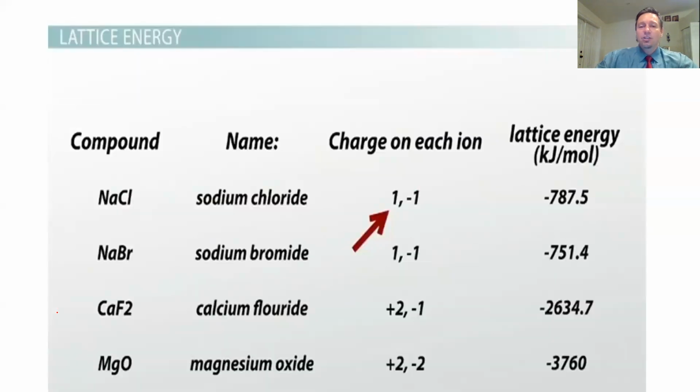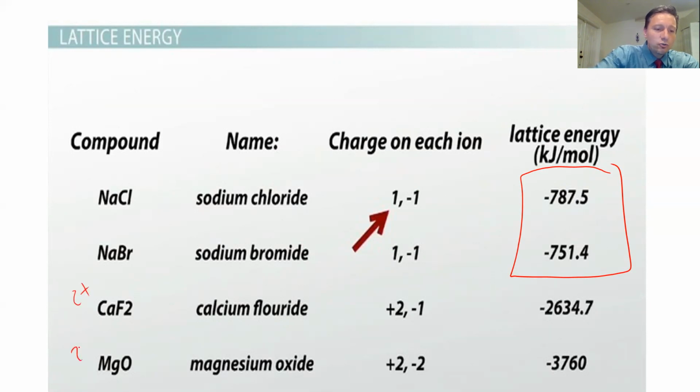Here is another, just a little quick look at it. So you have NaCl, sodium chloride, and here you have sodium bromide, and relatively close when you talk about their lattice energy needed to break them. And then here you have calcium fluoride, so you have a 2+ now, and here you have 2+ and a 2-. So look at that.